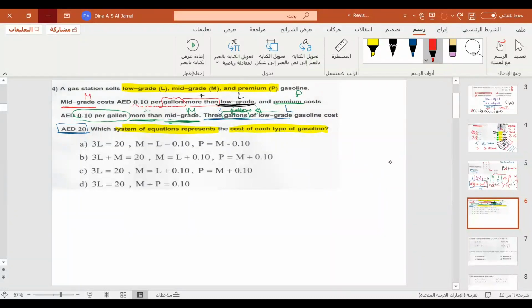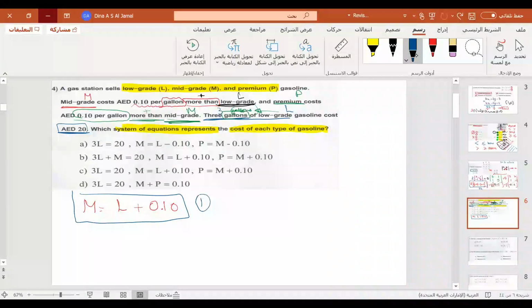So your M will be connected to the L, and it is more than it by 0.10, and you have to know that this is your first relation. You connected between the mid-grade and the low grade.